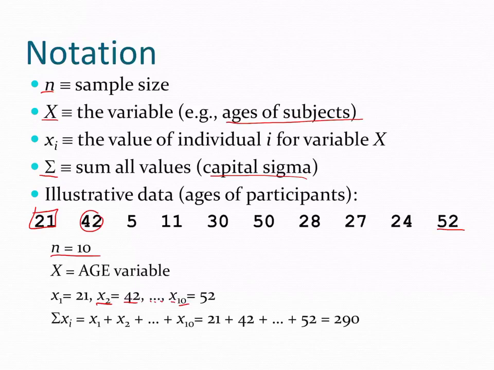If we say sigma x sub i, we want the sum of all x sub i values, the values of the individual of the variable we're looking at, which would be x subscript 1 plus x subscript 2 all the way to x subscript 10, adding up all the data points: 21 plus 42 plus all the way to 52, which gives a value of 290. So if we want to add up all the values, you add up all the values. Straightforward.